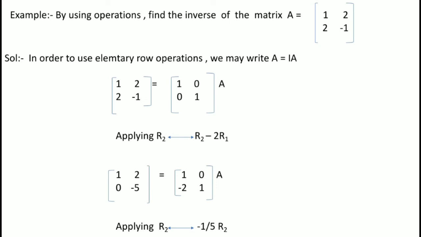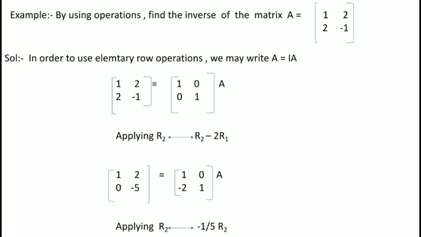But when the given matrix is of order 3, then we also use the identity matrix of order 3. Now to get the inverse of A, we have to shift this identity matrix from the right hand side to the left hand side of this equation by using elementary operations. It means we have to make 1 0 0 1 on the left hand side.